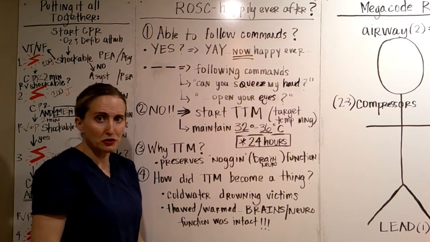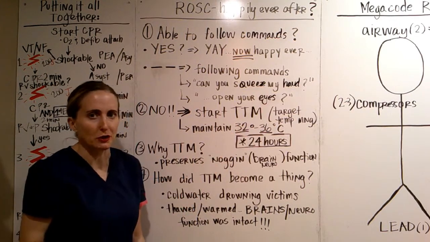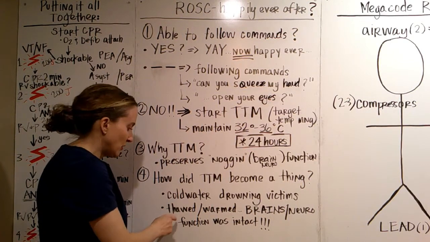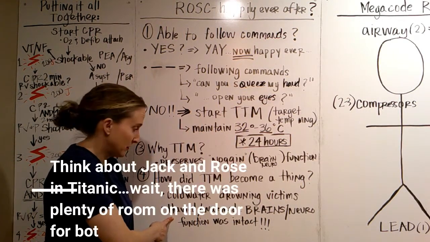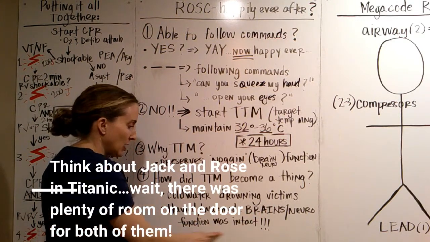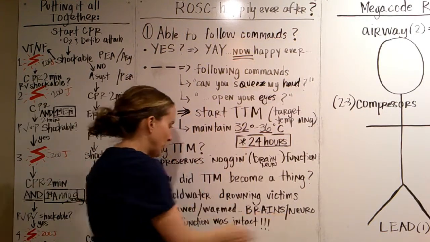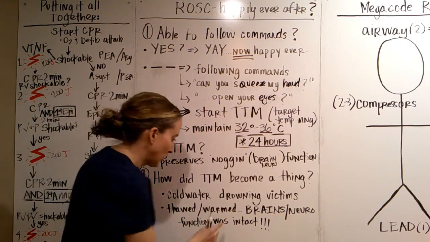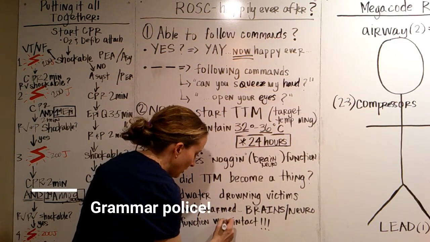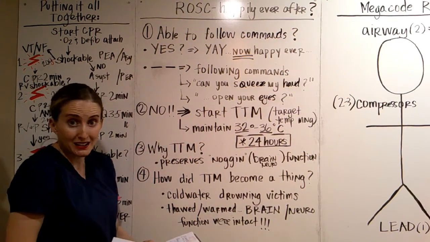Now obviously, if these cold water drowning victims were below the optimal temperature, they didn't do as well, right? But after they would thaw them out or warm them up, they figured out that their brain and neurofunction were intact.